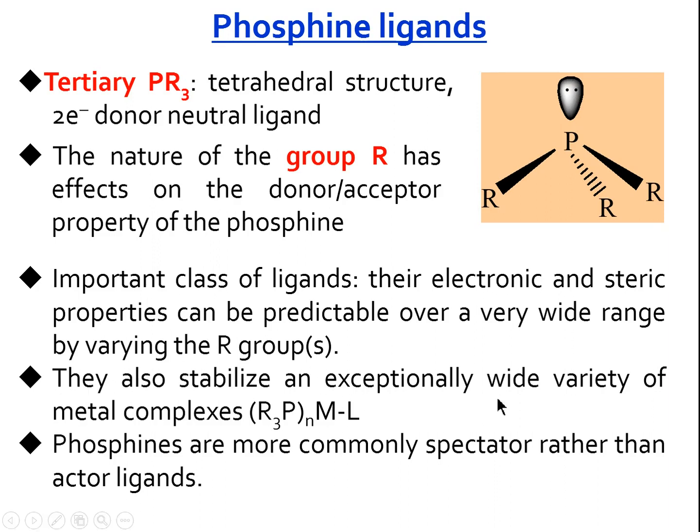They can stabilize the metal complex R3P-M-L because phosphine will increase the electron density on M. And as I said, phosphine can be released easily from the organometallic complex, so phosphines are spectator ligands rather than actor ligands.